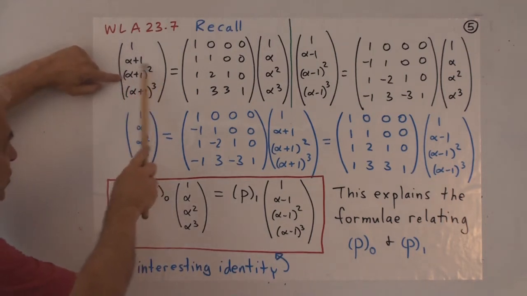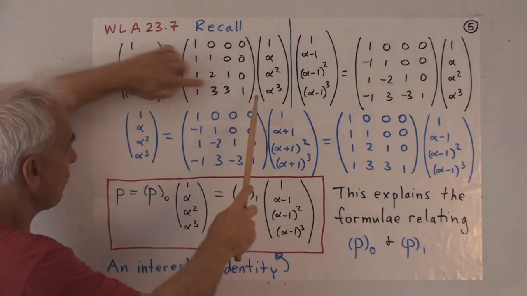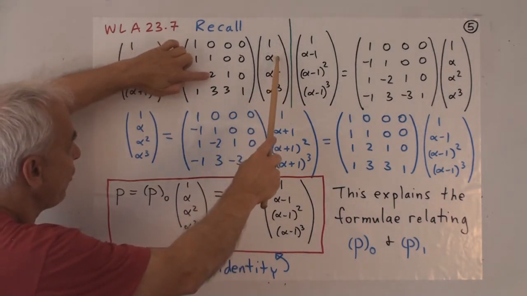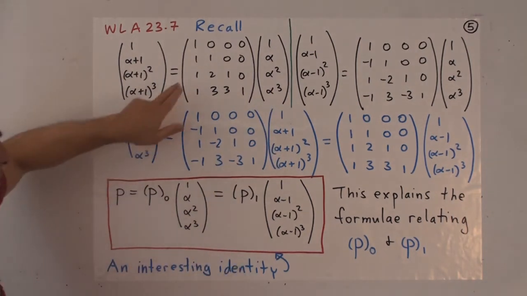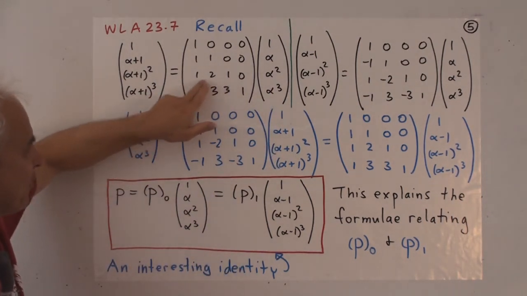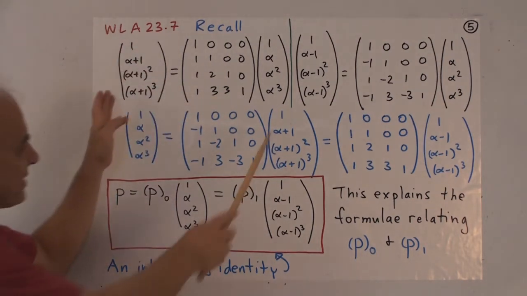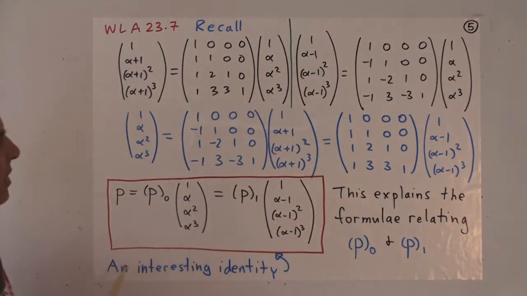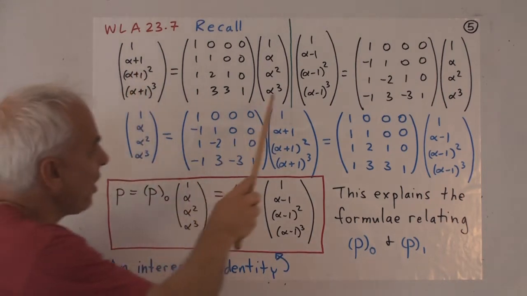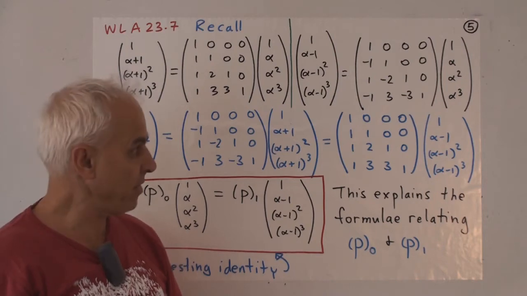So for example, the third entry here is telling us that alpha plus 1 squared is, third row, 1 plus 2 alpha plus alpha squared. So that's the reason why these entries here are the binomial coefficients, just because of the binomial theorem. Okay, a slight variant on that is this one here. What happens if we express not powers of alpha plus 1, but powers of alpha minus 1 using the binomial theorem?